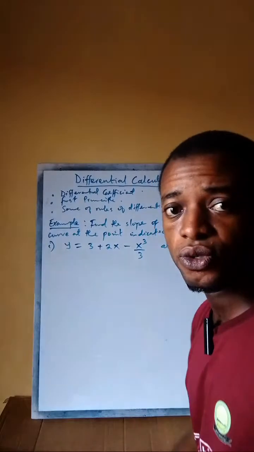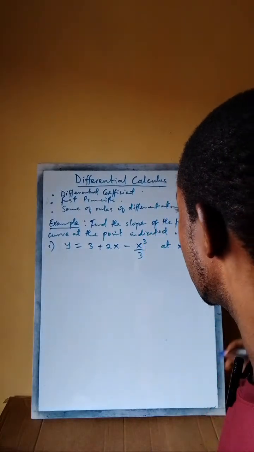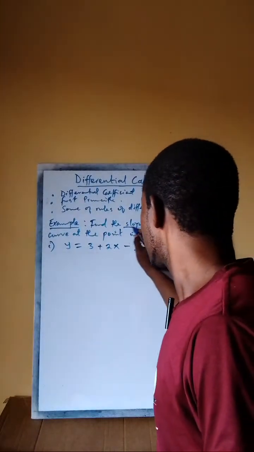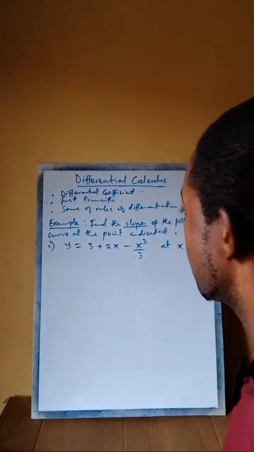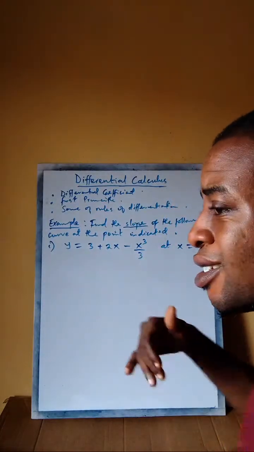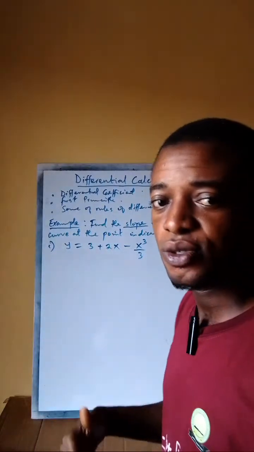Now let's solve this first. So the slope that we are finding here is the same thing as the derivative, because the slope of a curve is the gradient of the tangent to the curve.